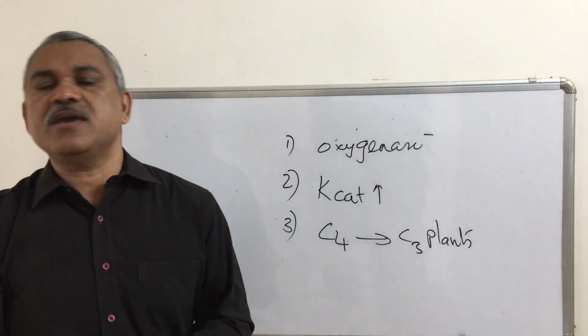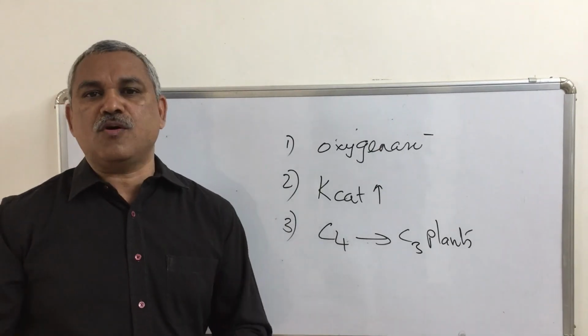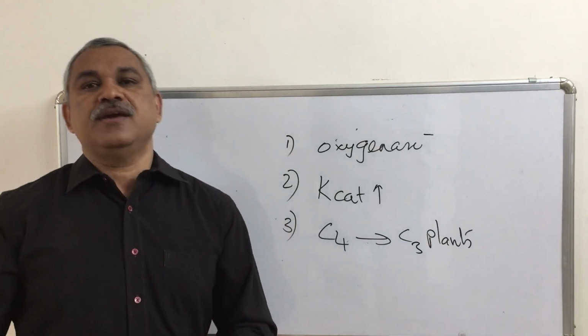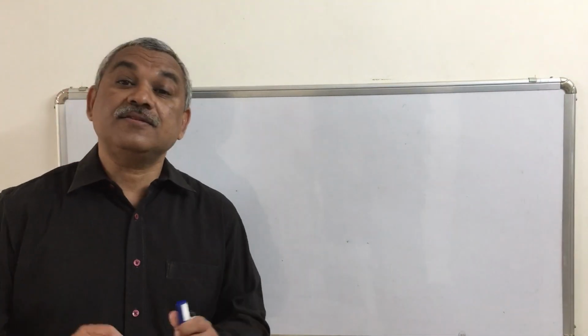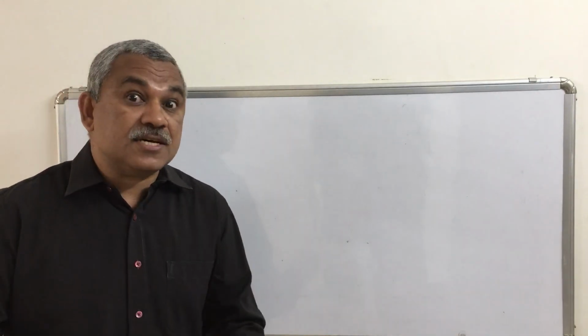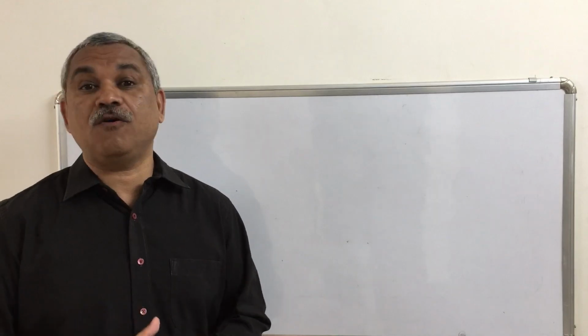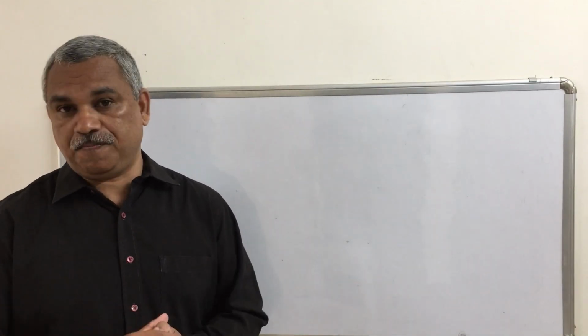This is the way current research is going on with regard to improving carbon fixation in plants. At this stage, we need to understand what determines the ratio of carboxylation to oxygenation in Rubisco.